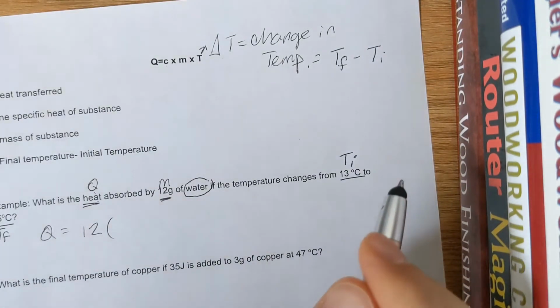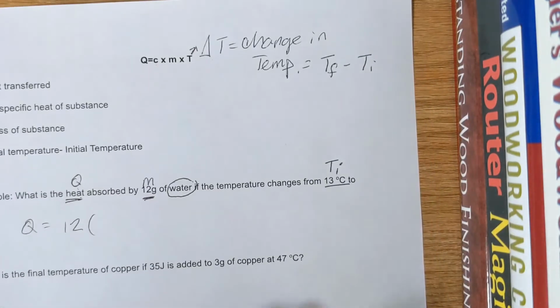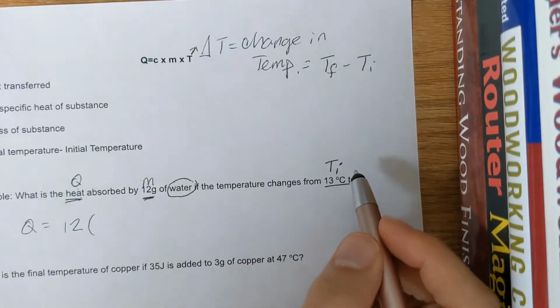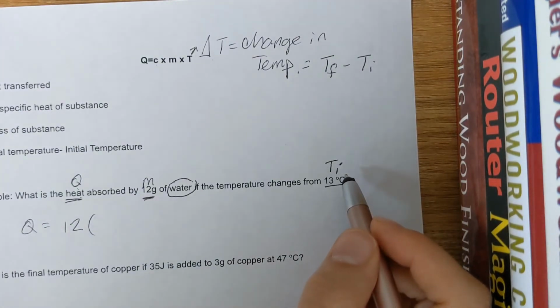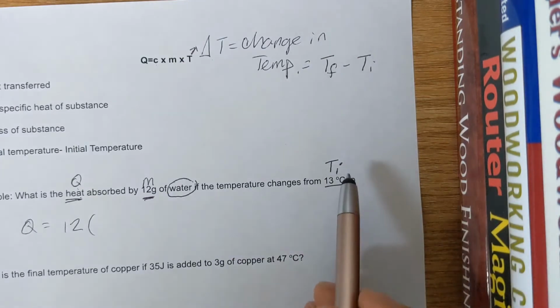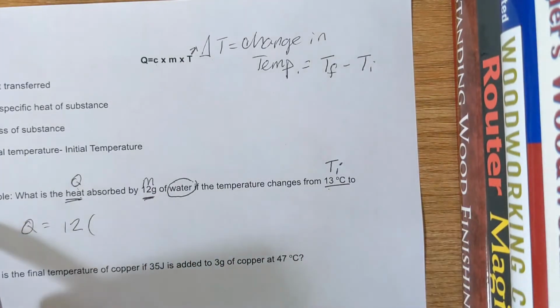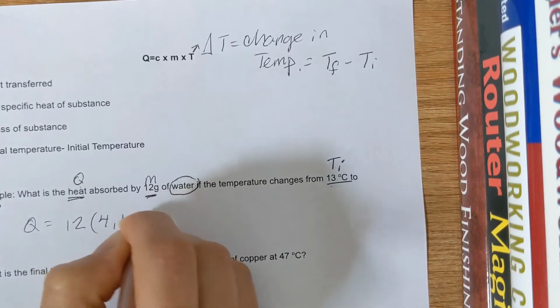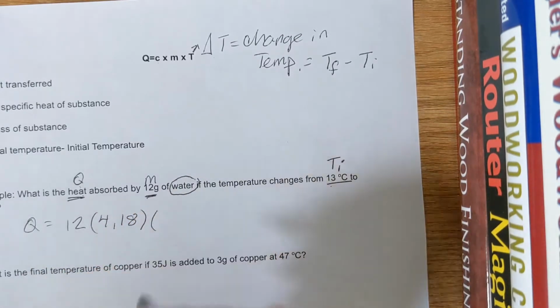It's on page 1 of your reference guide in the middle. I think it's the bottom row in the middle chart. And so it's for steam, liquid, or solid. So if it's 13 to 45 degrees Celsius, that's a liquid. So we're going to use the 4.18 because it is a liquid.